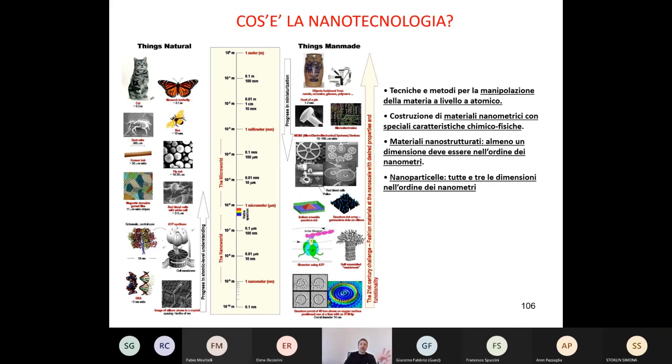Coal is carbon in an amorphous state. Diamond, with interesting characteristics, is carbon in a structured way. The same for nanocrystalline cellulose. The structure gives to the NCC, nanocrystalline cellulose, very, very interesting chemical physical properties.